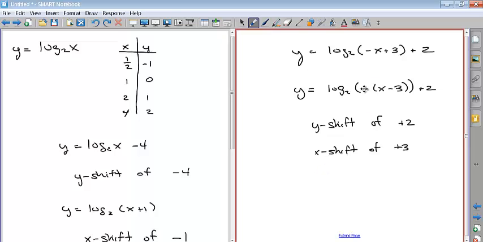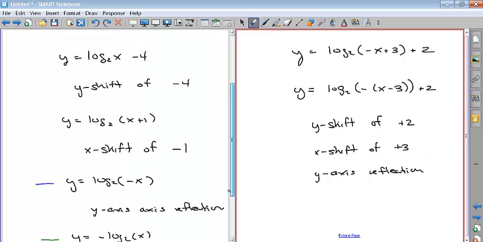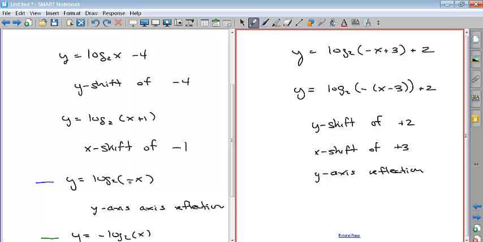And because the negative sign's in here, we're going to have a y-axis reflection. Because you can see down here in my example, when the negative sign's in, you have a y-axis reflection. Okay, so that is that.